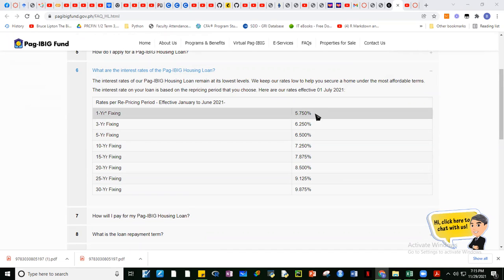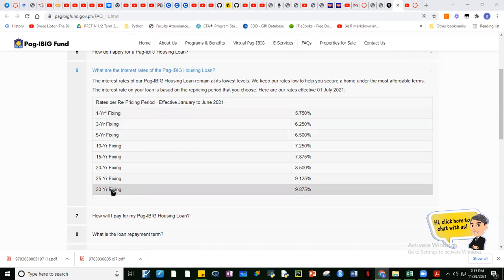So 1 year, what does this mean? It means that if you borrow for 1 year, a house, and it's payable in 1 year, the interest rate is 5.75%. If you're borrowing and you use the term 30 years, so payable in 30 years, then the interest rate is 9.875%.